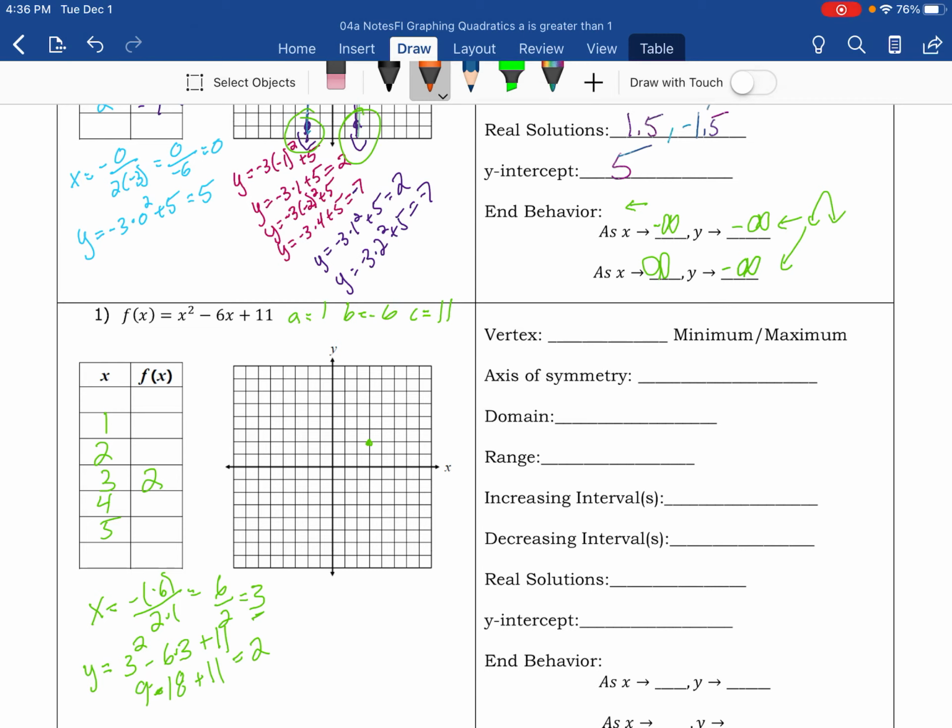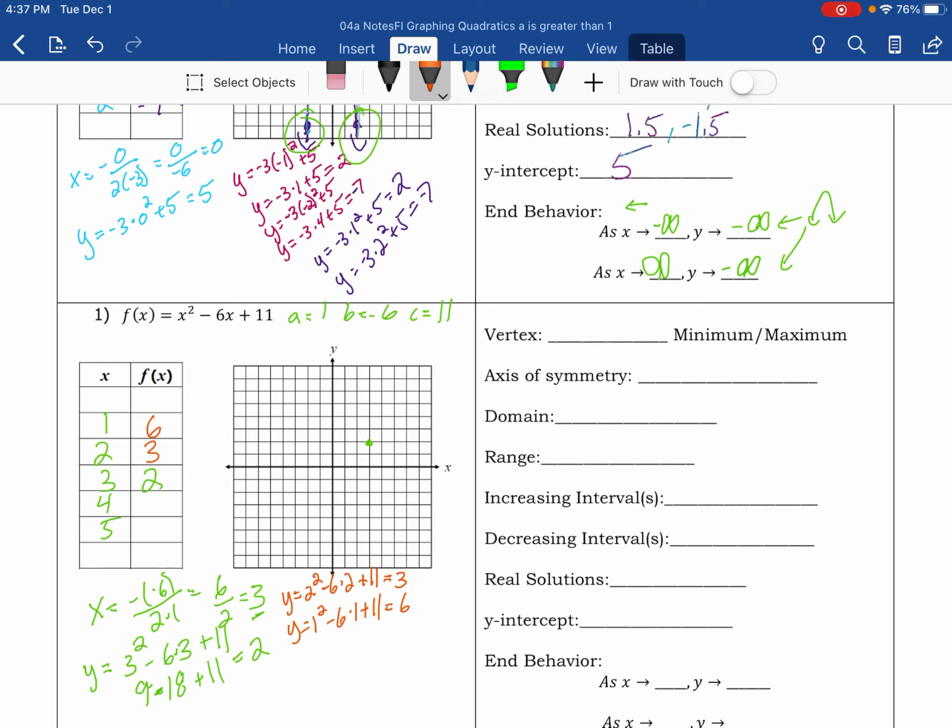So I plug in 2 to find my y value. y is equal to 2 squared minus 6 times 2 plus 11, which is 4 minus 12, which is -8. -8 plus 11 is 3. Plug 1 in, y is equal to 1 squared minus 6 times 1 plus 11, which is 1 minus 6, which is negative 5. Negative 5 plus 11 is 6.